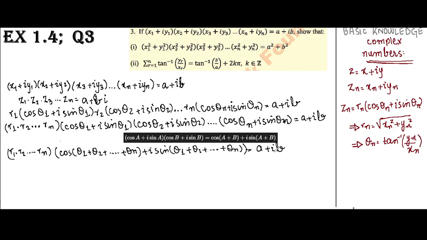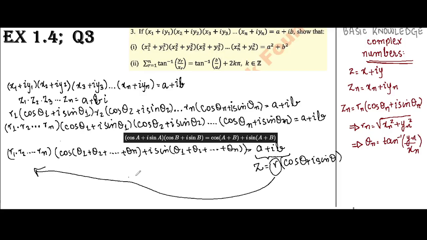Now consider a plus iota b as a complex number z. If it is a complex number z, it can also be written as r into cos theta plus iota sine theta, and this r is equal to all of these terms when compared, and this theta is equal to these terms when compared, so theta is equal to all these thetas added together, and this r is equal to all these r's multiplied together.